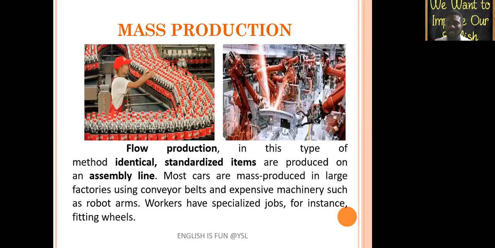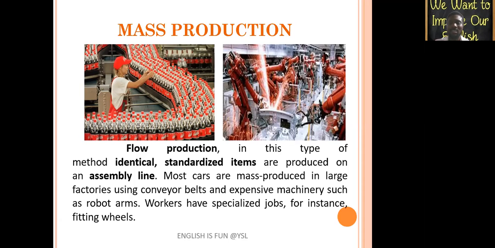Okay, mass production. Like I said, mass production is almost the same as flow production. As we can see in the picture, we have an idea already. It's very big companies, and of course in the factory you can see thousands and thousands of product items made together. So in this type of production, we call it mass production because items are not made individually, they are actually made together, in large numbers.